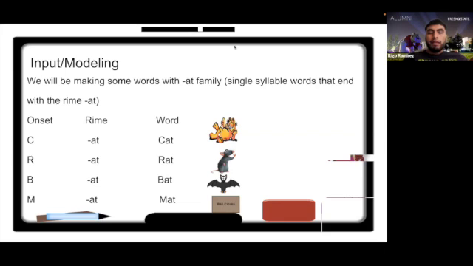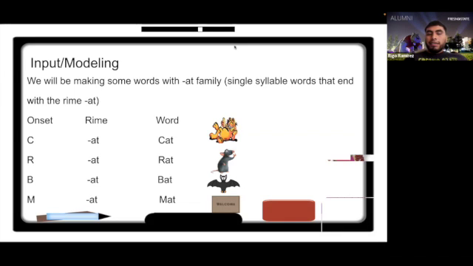If we join that together with the rhyme at, we get the word bat. Next up, we have the onset M. If we join that together with the rhyme at, we get the word mat.